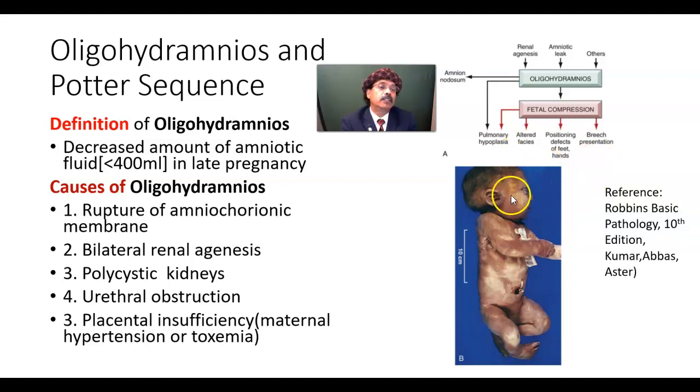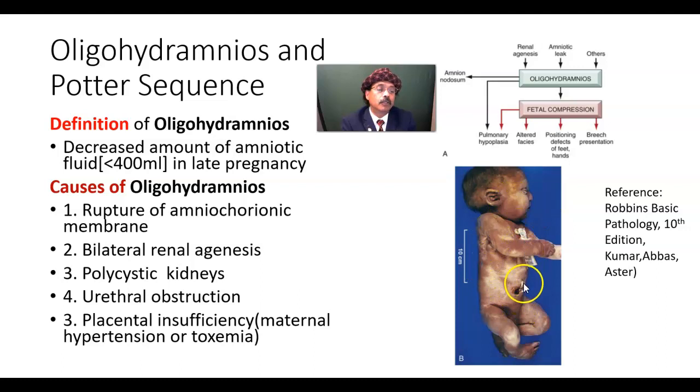And we know the amniotic circulation: every 24 hours, the baby swallows around half a liter, maybe 400 ml, of amniotic fluid, and passes urine around 400 ml to half a liter in 24 hours. So this is a continuous cycle.